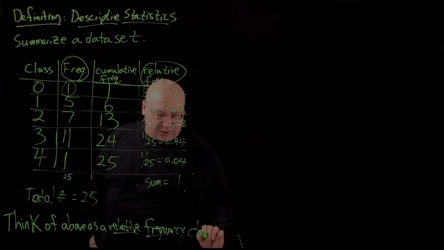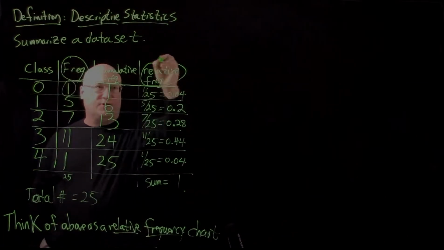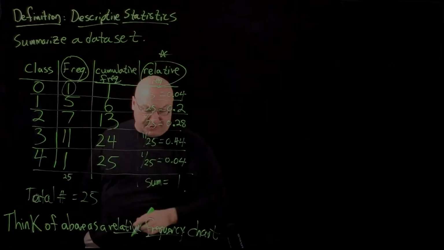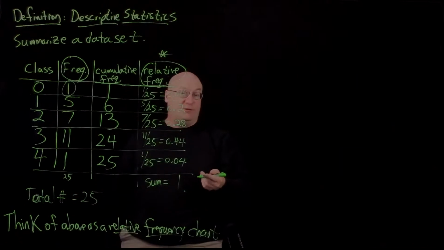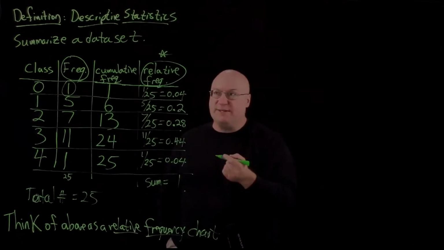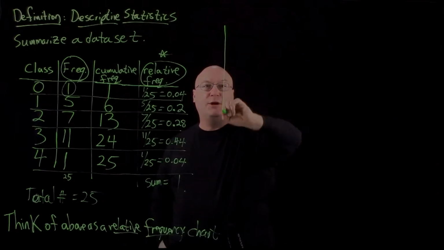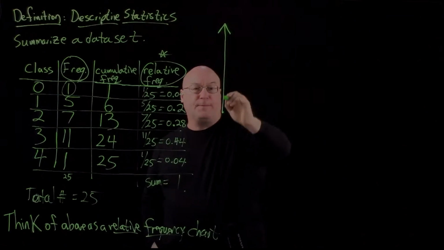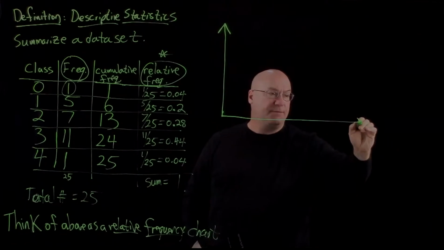The most useful column, of course, we'll need to know the class values, but the most useful column will be the relative frequency. What I want to do now is summarize that data graphically, which will give us an even better picture of the data set, I think.